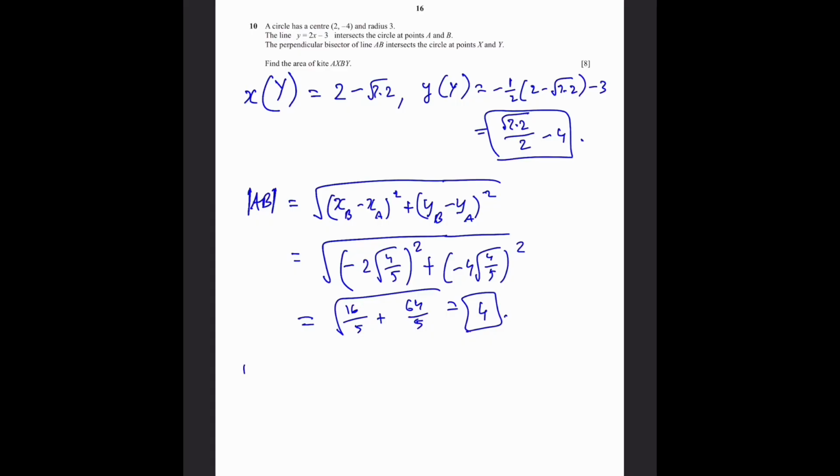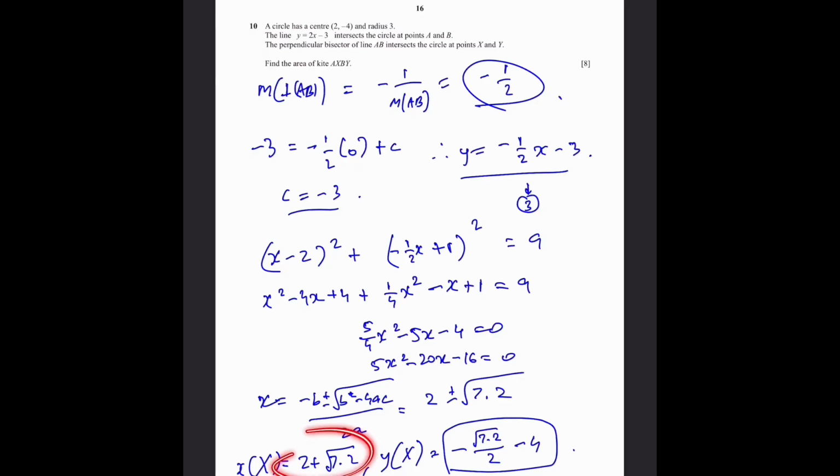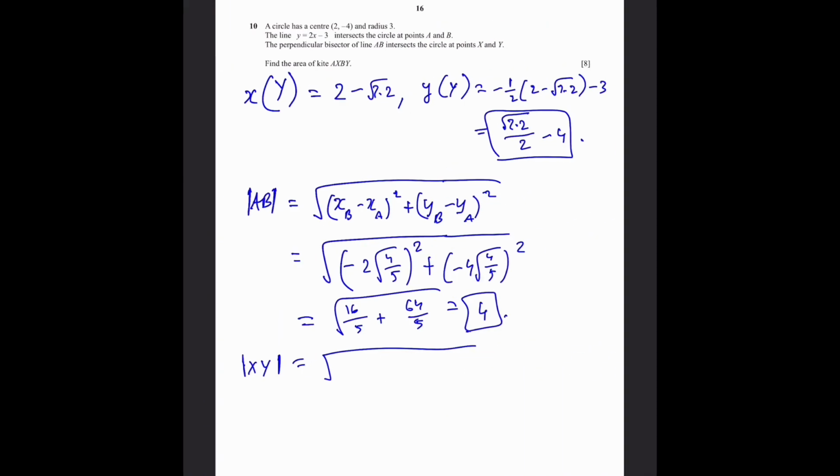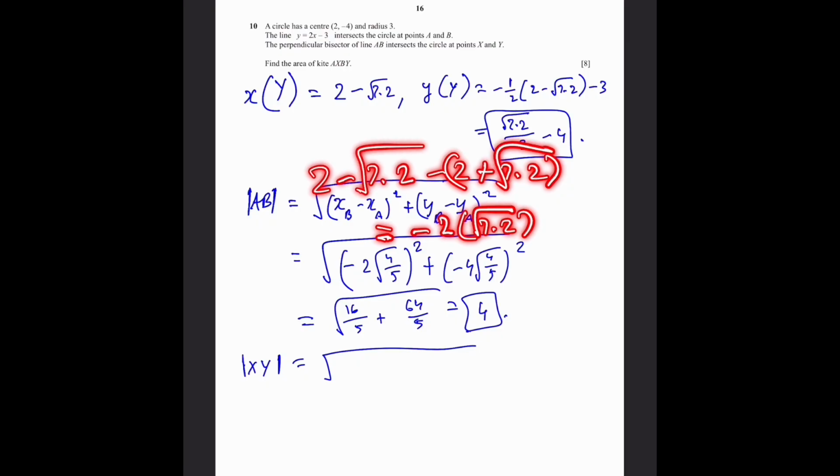Now, we need to find the length of XY. That's going to be, using the same formula, (x of Y minus x of X) the whole squared. So x of X is 2 plus root 7.2, x of Y is 2 minus root 7.2. Now 2 minus root 7.2 minus 2 plus root 7.2 is just negative 2 times root 7.2.